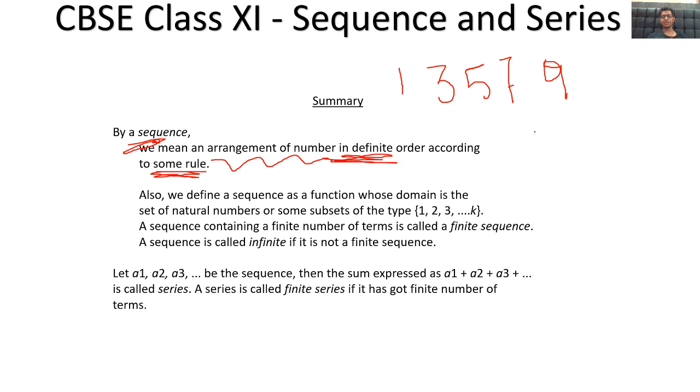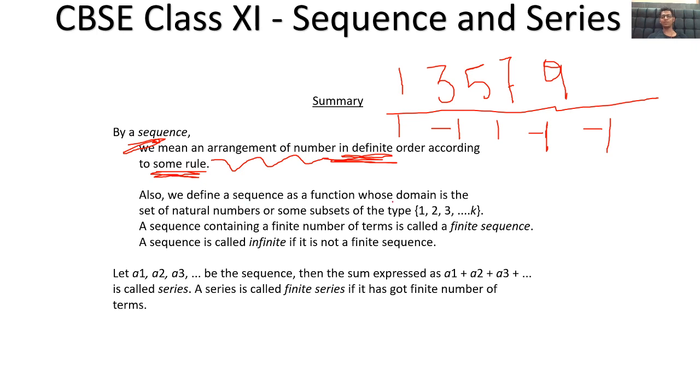Or it can be a multiplication by minus 1 between the given numbers, such as 1, minus 1, 1, minus 1. So that's a sequence, arranged in a definite order and governed by a certain rule.